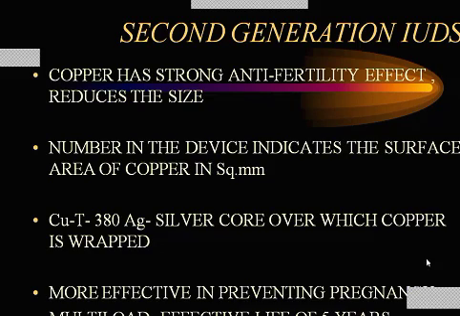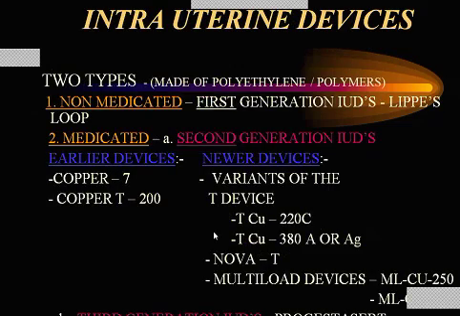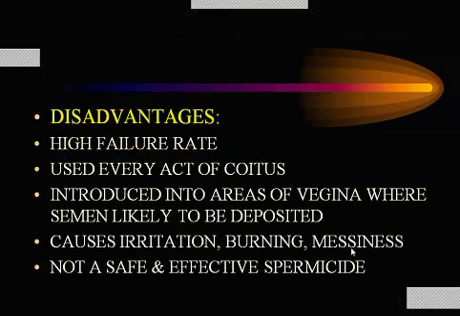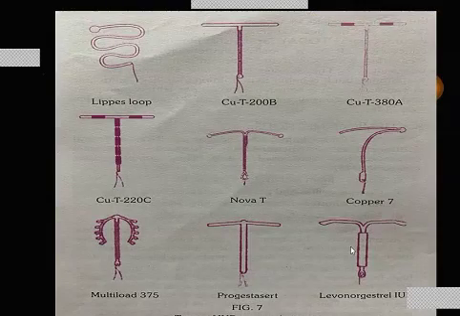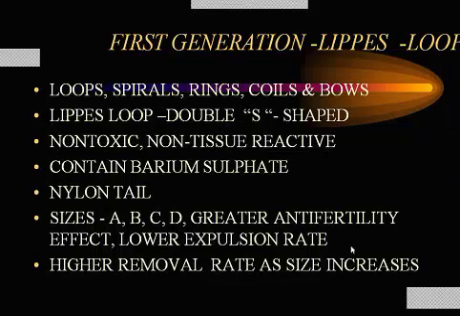I'm just showing you the types of devices. These are the old, earlier Copper T devices, and these are new devices. We have the 380 A or AG. AG means there will be a silver core on which the copper wire is wrapped.